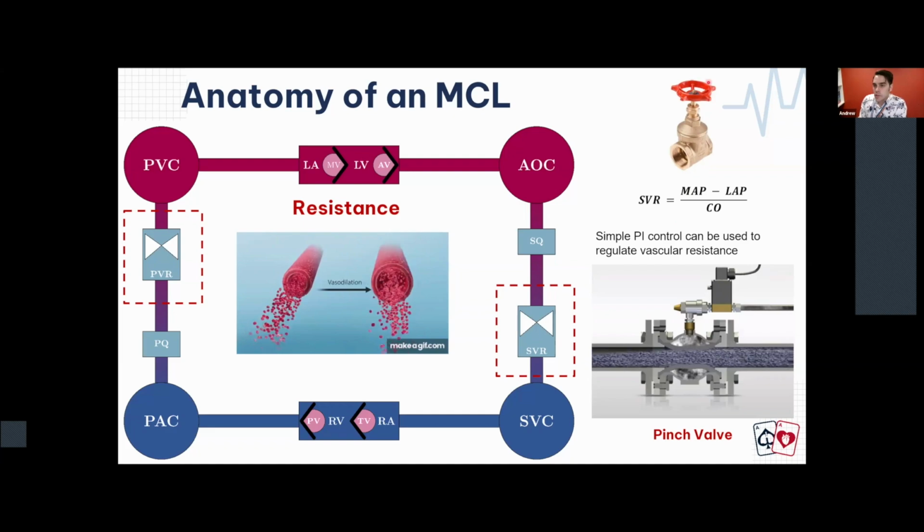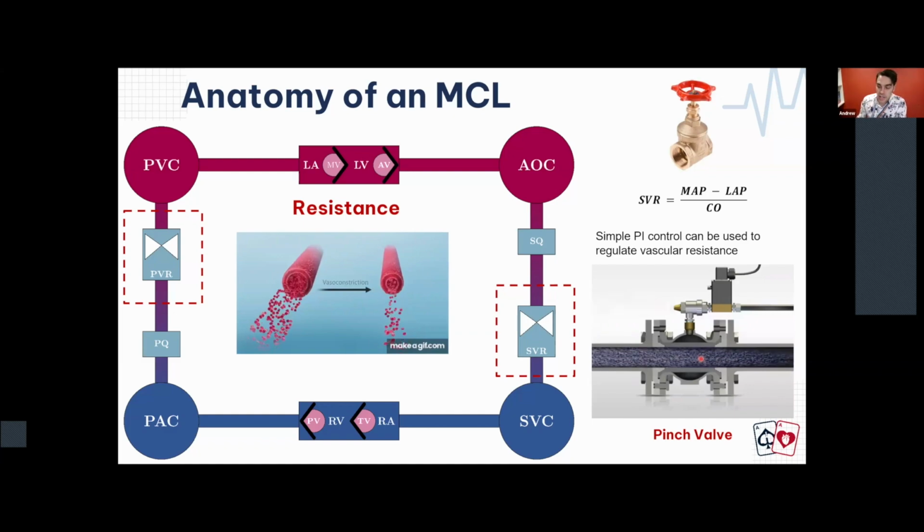The simplest way to implement vascular resistance in your system is just a tap. You can see this is where our vascular resistance for our systemic side is. This is where our vascular resistance for our pulmonary side is. A more sophisticated way of doing it is using either a hydraulically, pneumatically, or electrically activated pinch valve, where you can just with a click of a button or entering a value, increase and decrease the resistance dynamically.